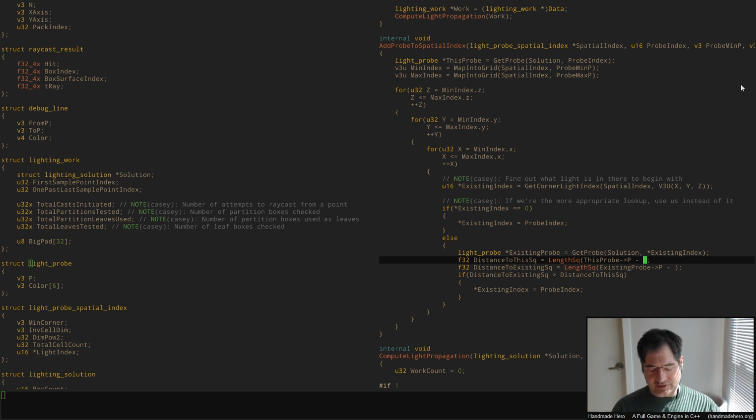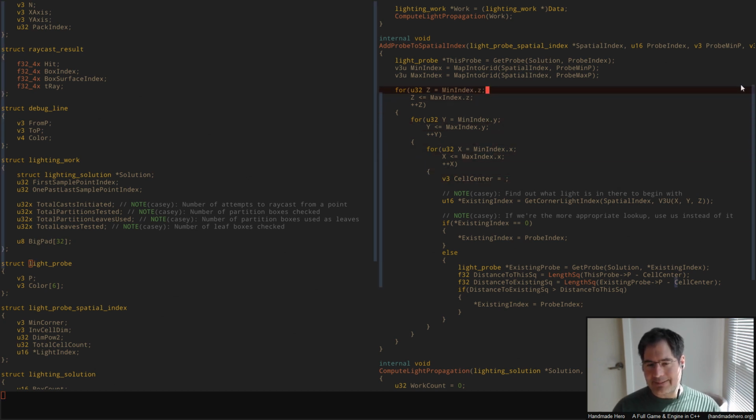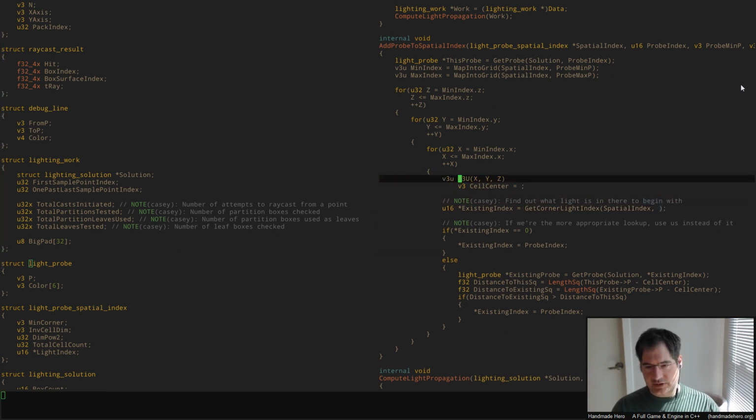That closeness position is the centroid, right? So this is the voxel, or I should say the cell center, right? And so when I'm in here, I need to be able to come up with the cell center for a particular set of voxel coordinates, right? And so this right here, this V3U is our cell coordinates, right?